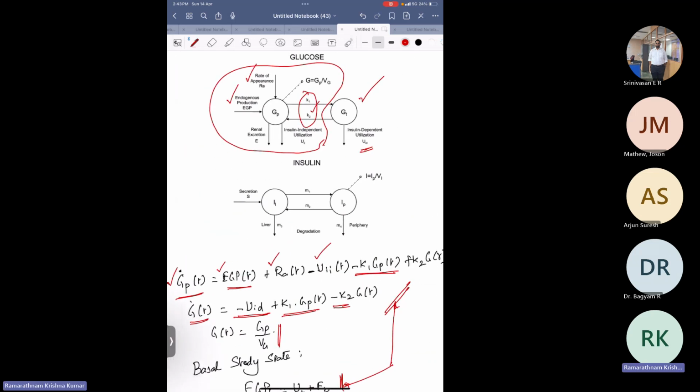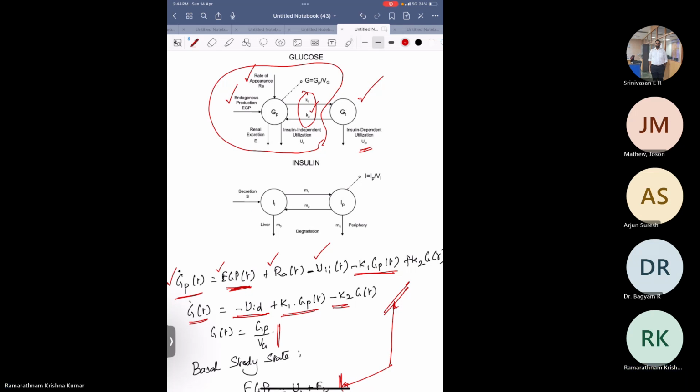I have written one thing called endogenous glucose production. There is a lot of cellular physiology and other things. In any model I have to know every term clearly and the meaning of its purpose.